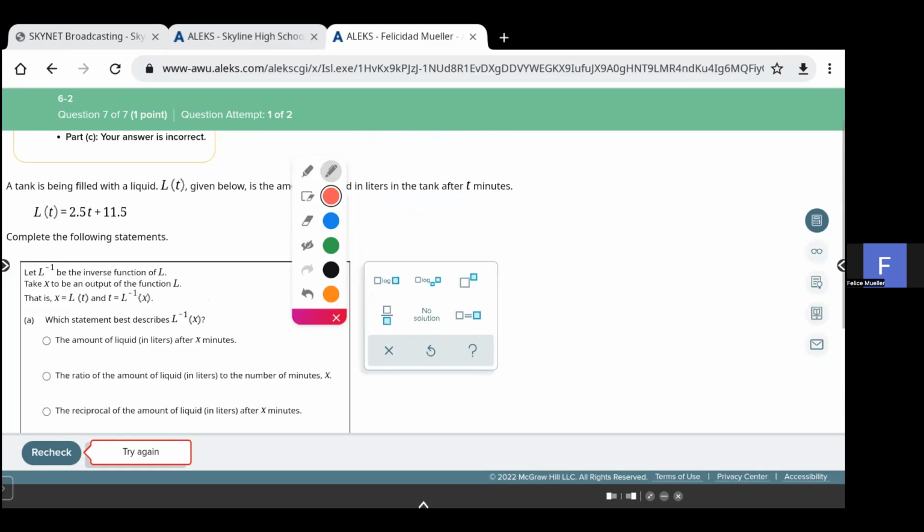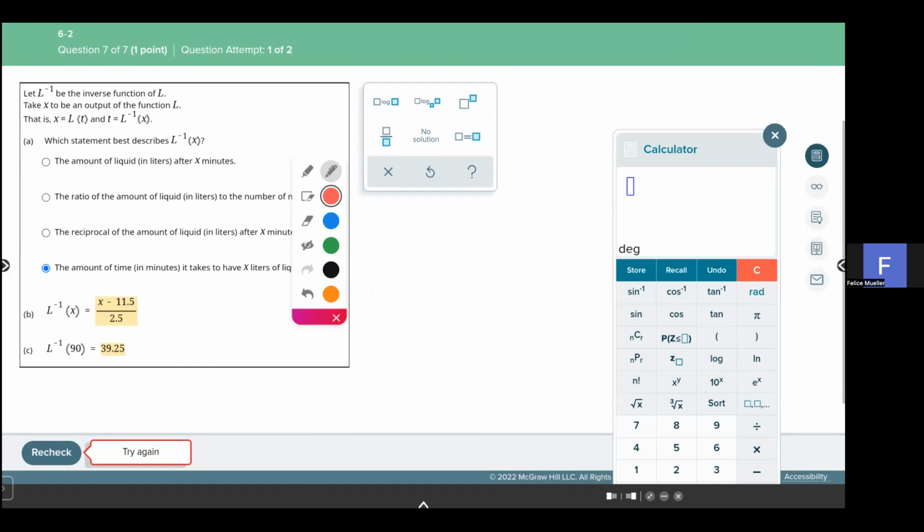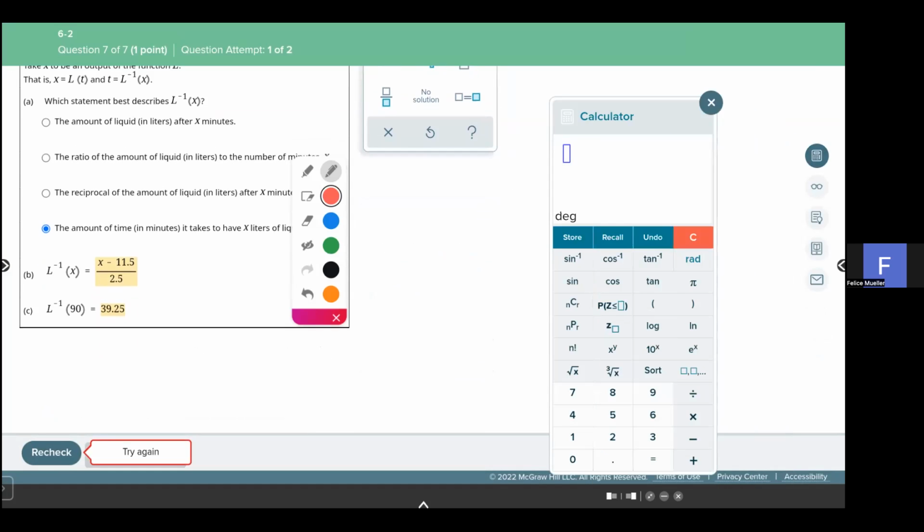Does it tell me which one I'm wrong? Part C is wrong. Let me double check. Oh, I divided by 2, didn't I? Not 2.5. So 90 minus 11.5. Divide that by 2.5. 31.4.